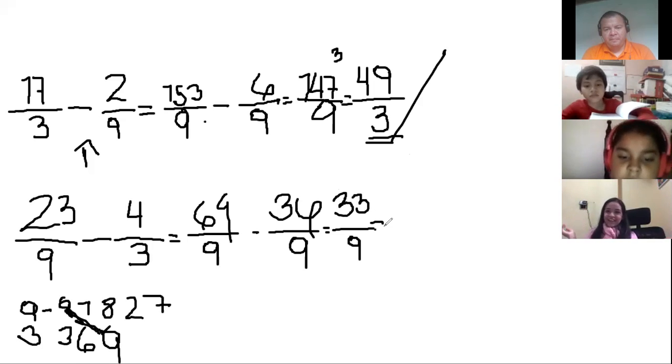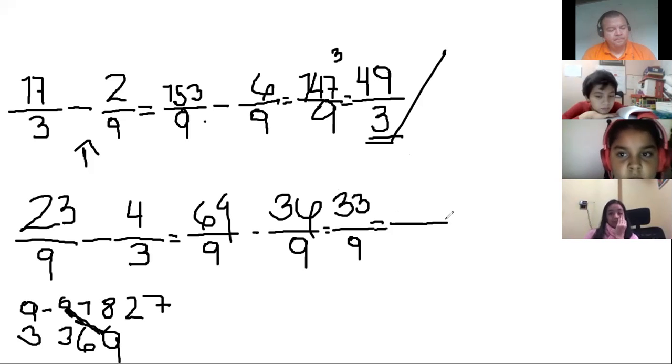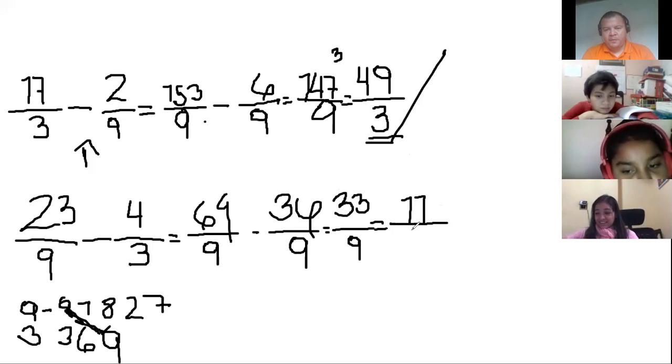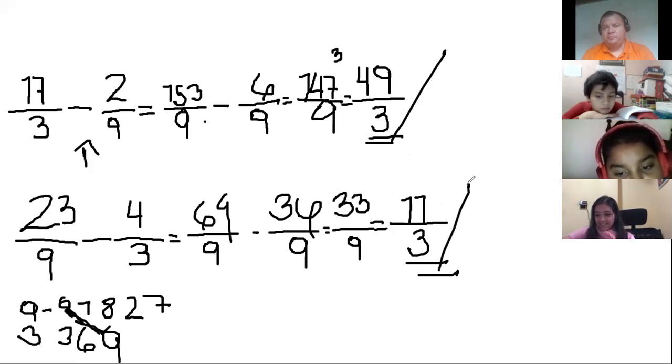Can I simplify? Yes, I can. Both are multiples of 3. So, I have 11 over 3. And this is my last answer.